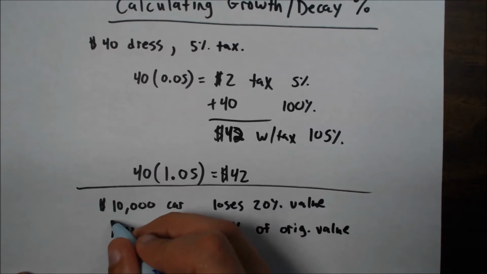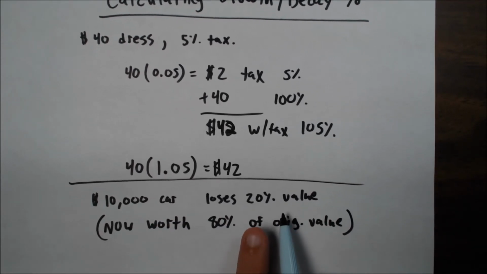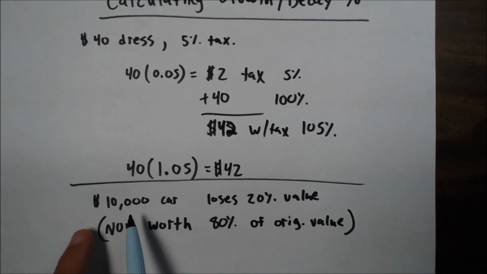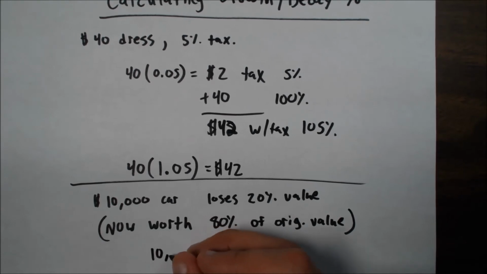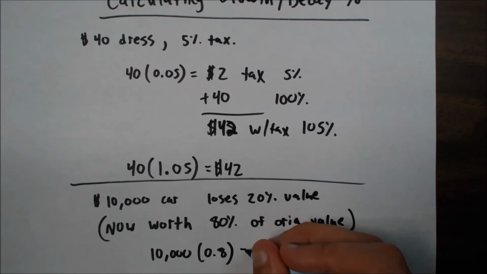This will not be stated in most problems, but this is what you need to think about. If something loses 20% of its value, then now it's only worth 80% of the original cost, or the original value. So that's what you need to multiply by. So to find the value of the car after it loses 20% of its value, you're actually going to multiply by 0.8, which would be $8,000.